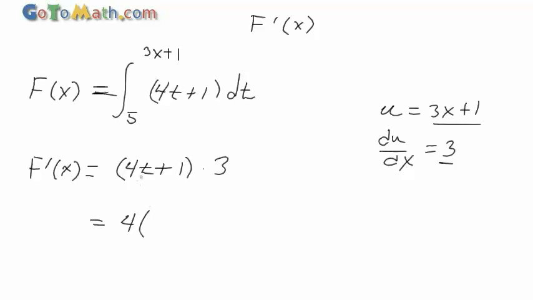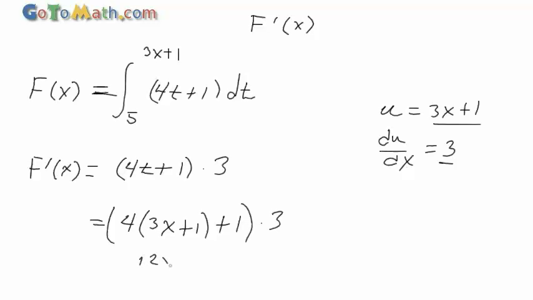We're supposed to write this in terms of u, and I think that's what I did in the last problem, but we're skipping that step now. Then plus 1, and do that times 3.